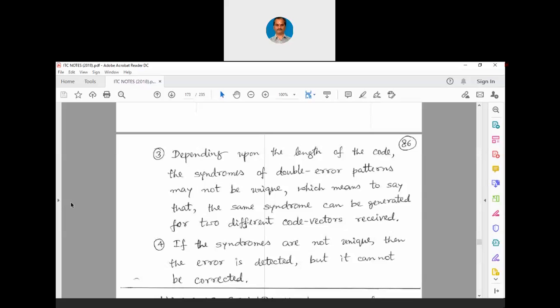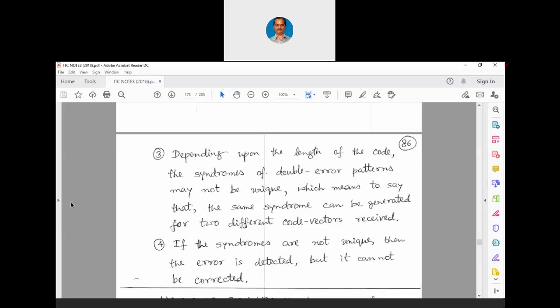Now lastly, if the syndromes are not unique, then the error is detected, but it cannot be corrected. Now what is the difference between the third one and the fourth one? The third one says that the same syndrome can be generated for two different code vectors that are received. It is for these double error patterns because we are going for this XOR algorithm.